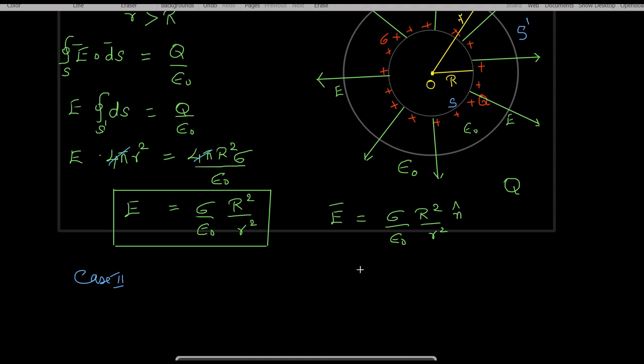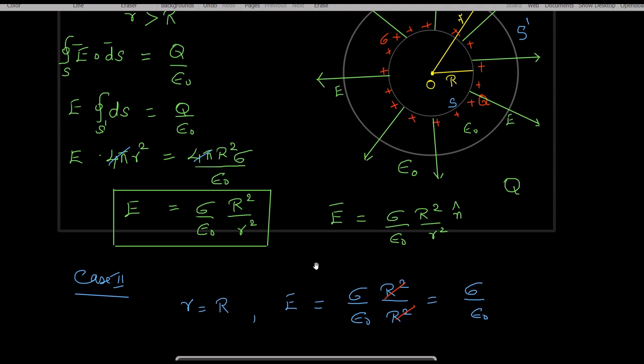In case 2, just imagine the Gaussian surface is on the spherical shell itself, which means S dash and S are coinciding, that time we can write small r is equal to capital R. That is, when the Gaussian surface is on the surface of the spherical shell, this equation will change to sigma by epsilon naught, capital R square by capital R square, since small r and capital R are both the same, which we can cancel out, which is equal to sigma by epsilon naught.